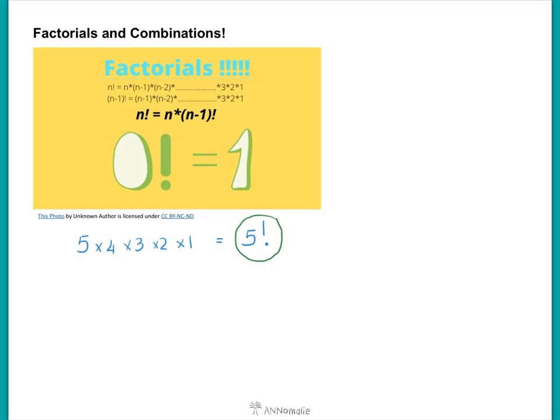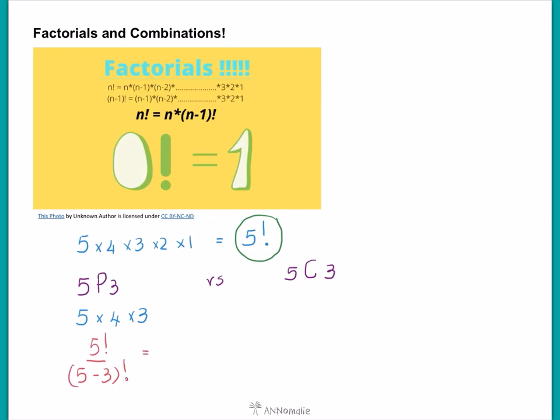So let's have a look at 5 permutate 3 versus 5 choose 3. So 5 permutate 3, we've already looked at that. We said that will simply be 5 times 4 times 3. In factorial notation, we write that as 5 factorial over (5 minus 3) factorial.